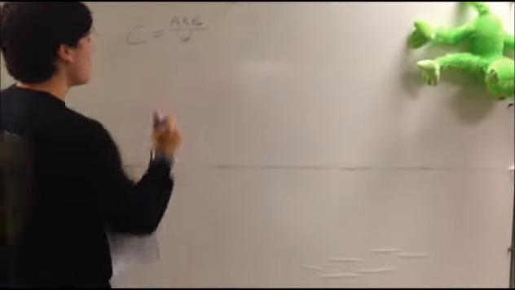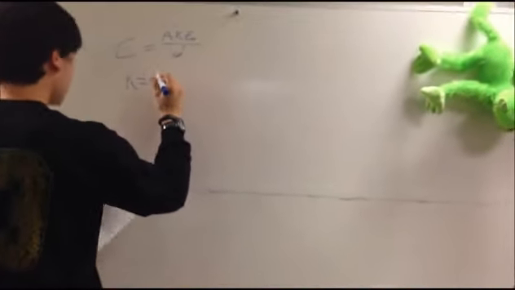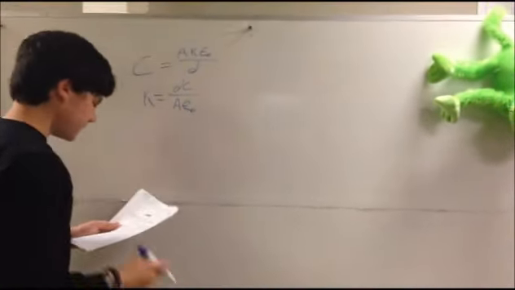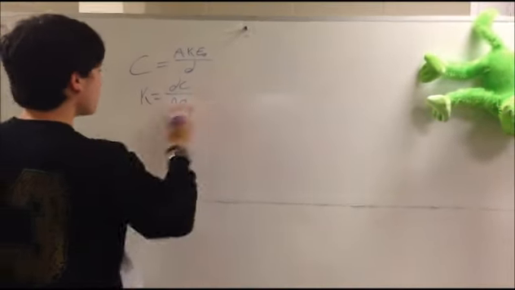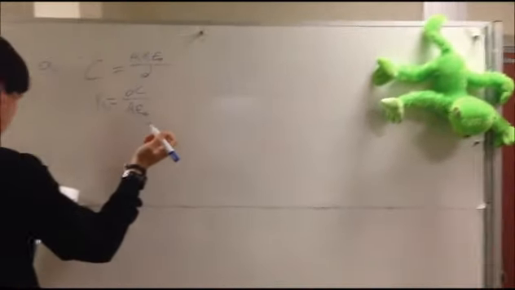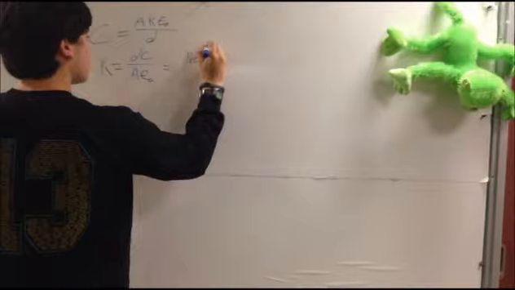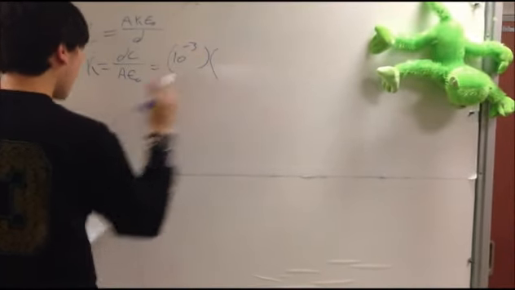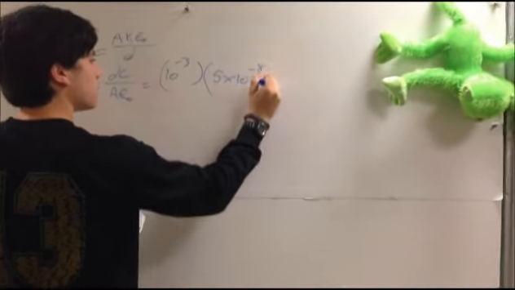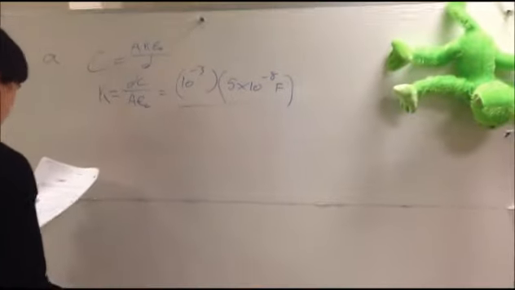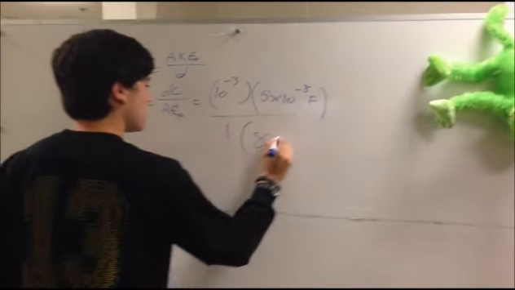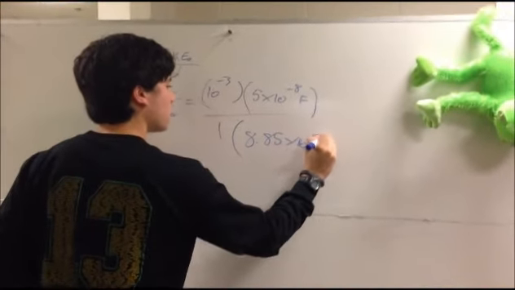So we can use the cake equation. And then just with some algebraic manipulation, we get K is equal to dC over A epsilon naught. Then we just plug in, distance is given as 10 to the negative third meters, times the capacitance, which is given as 5 times 10 to the negative eighth farads, over area, which is just 1, times epsilon naught, which is 8.85 times 10 to the negative 12.